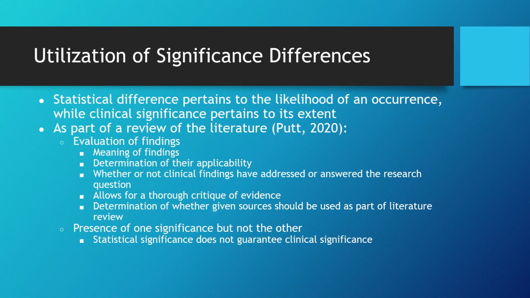As part of the review of literature, evaluation of findings, meaning of findings, determination of their applicability, whether or not clinical findings have addressed or answered the research question, allows for thorough critique of evidence, determination on whether given sources should be used as part of literature review, presence of one significant but not the other. Statistical significance does not guarantee clinical significance.